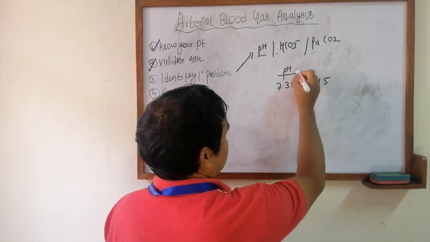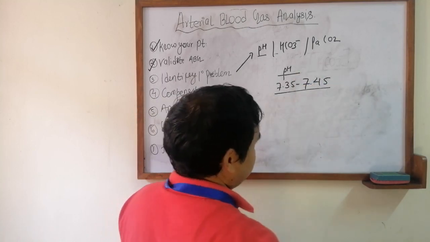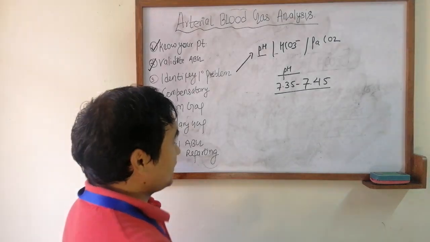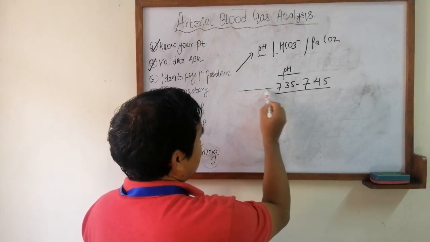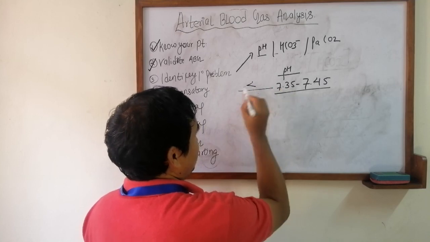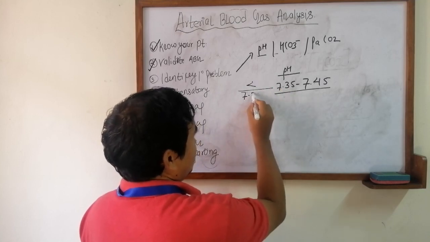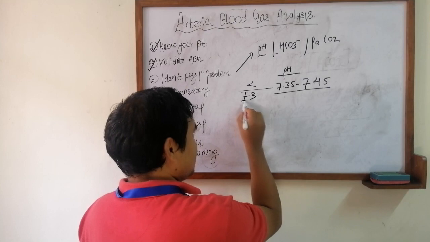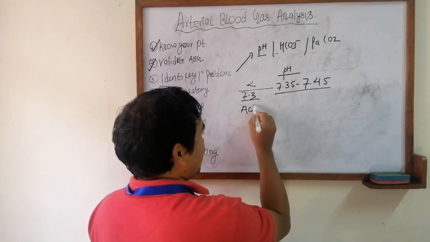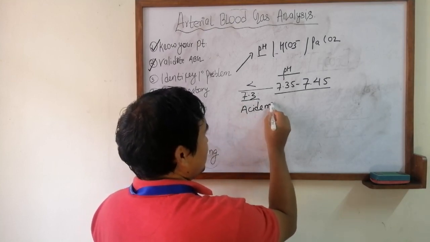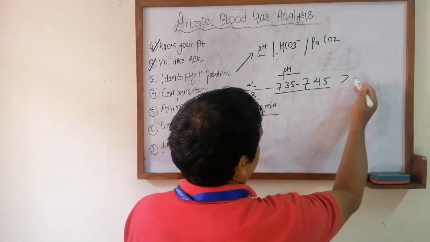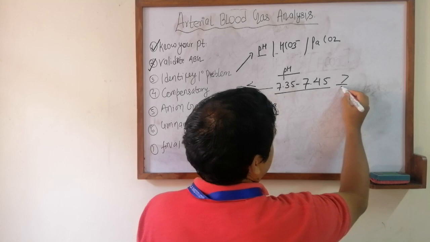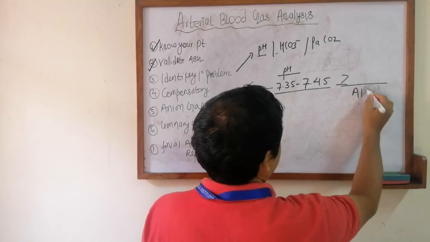If you get a pH value less than 7.35, then this is acidemia. The pH is low. If pH is high, then it is called alkalemia.